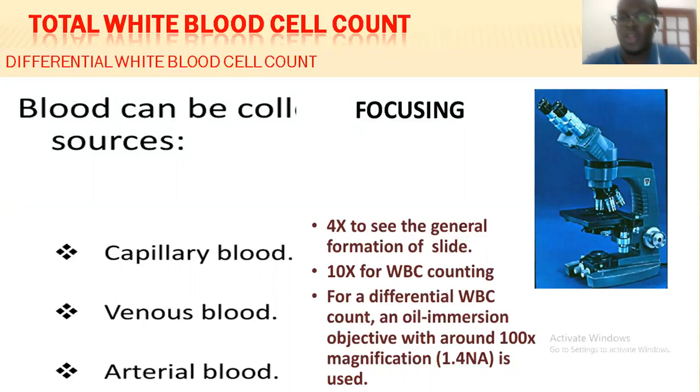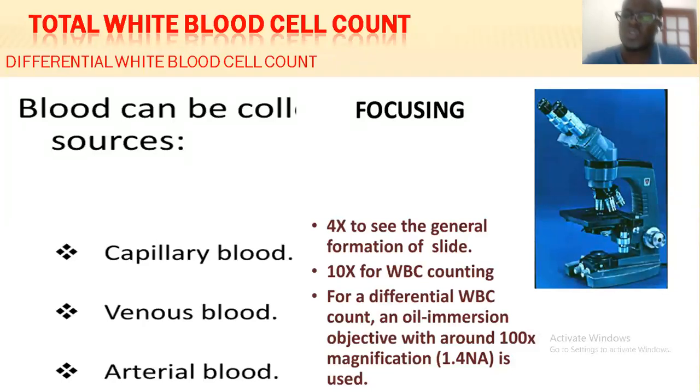You can start with the magnification of 4 to see the general formation of the slide. You just want to appreciate the slide, so you use the low power, the times 4 magnification. Then after that, you can use times 10 magnification for counting white blood cells. If you just want to do the white blood cell count, you can use magnification of 10.